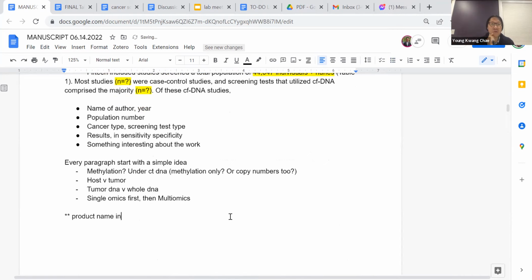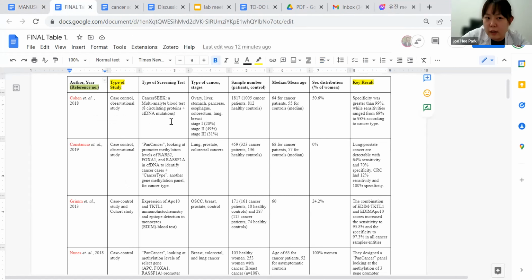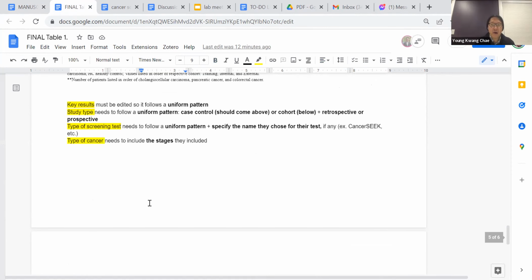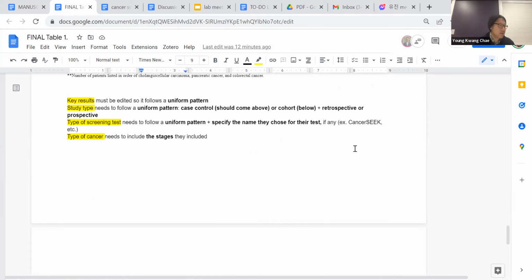I want you to refer to it as methylation based assay or multiomics. For the final table too, if you look at the final table, how we start out with CancerSeq, you would not want that there. So I want you to still put it in there, but put it at the very end in the parentheses, so that people can still match that. So everything that talks about brand name, put it in the parentheses at the very end, and figure out a way to call it.